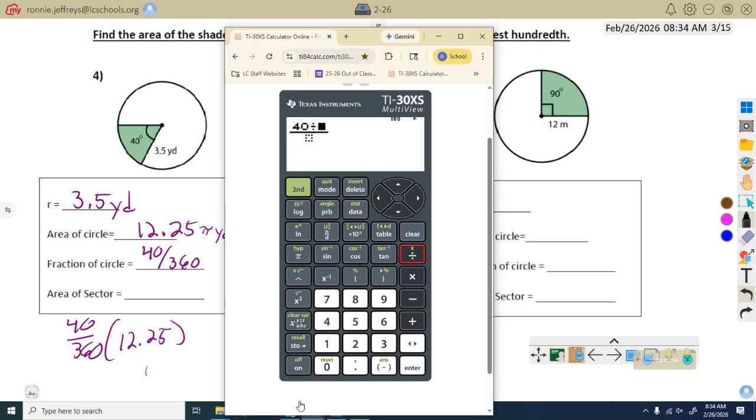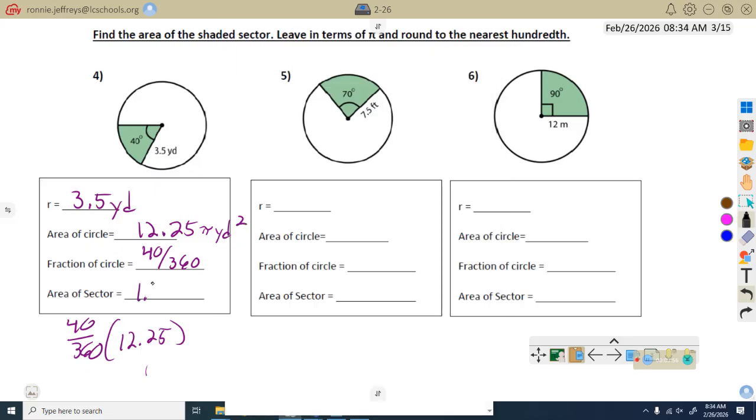All right, wow. So we have 1.36 pi yards squared.